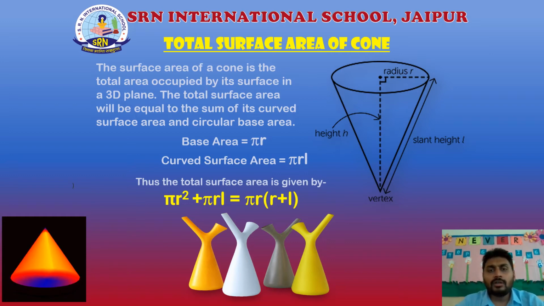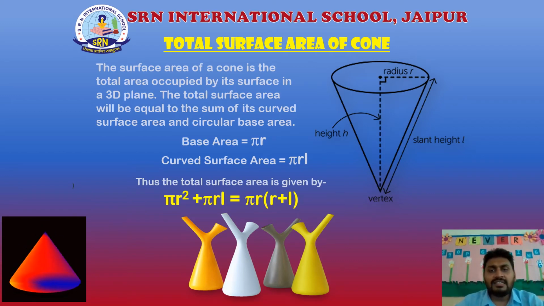And the topmost part, the flat surface, that is the base, and its shape is always circular. And a part which is opposite to the circular face, that is vertex, and it is always pointed.